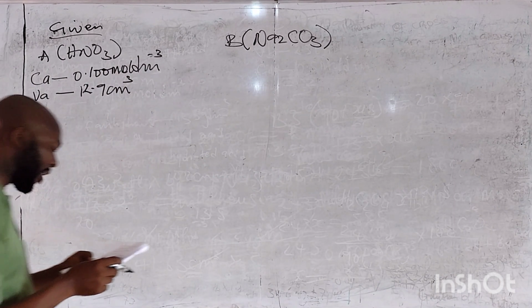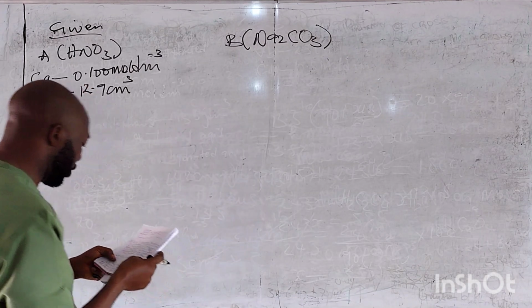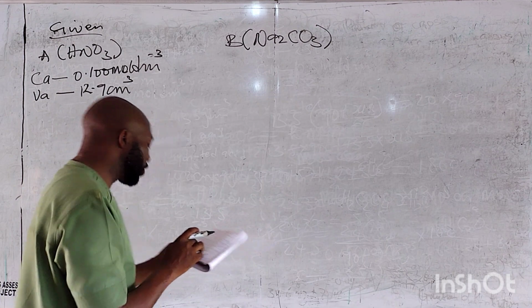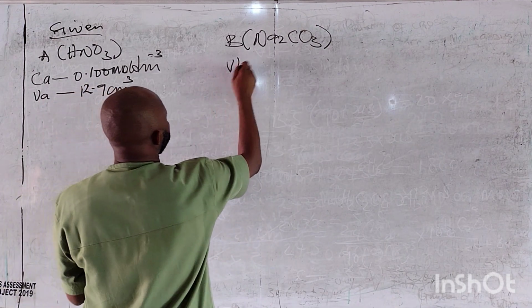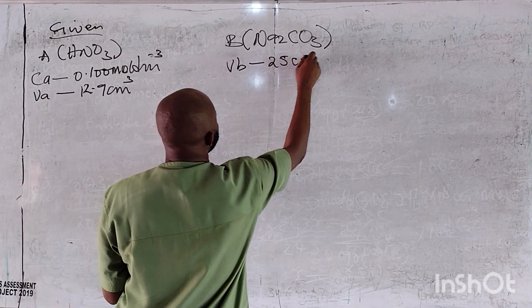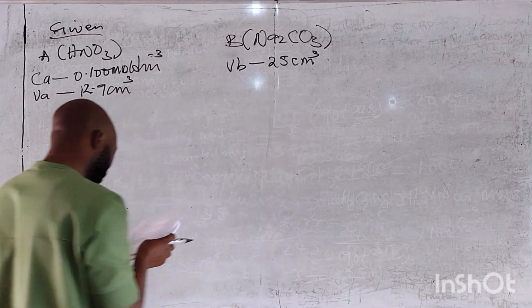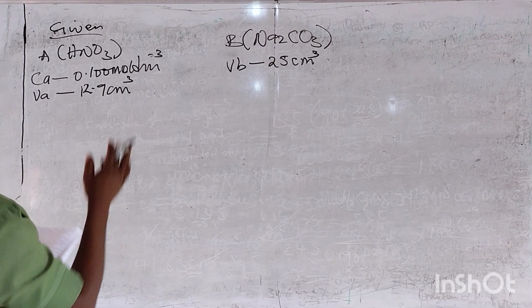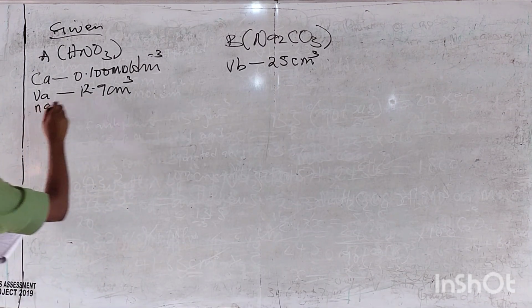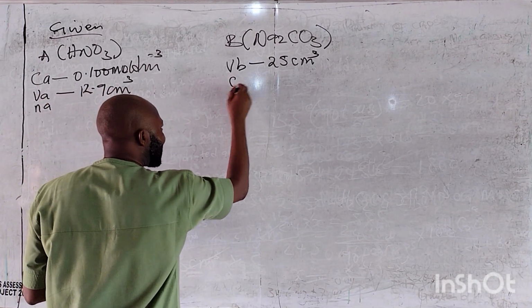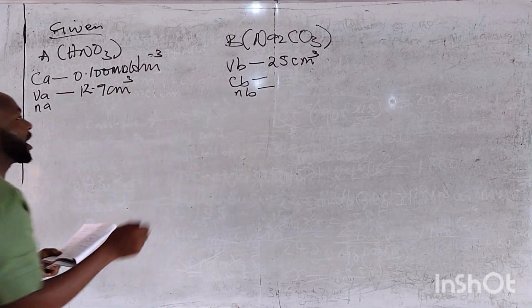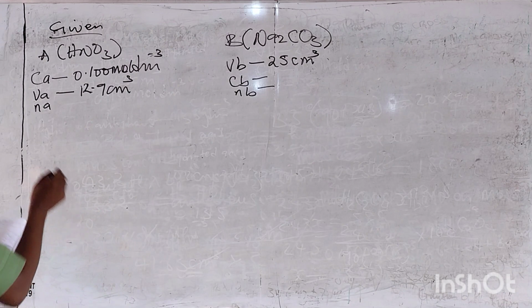B is a solution of anhydrous, and all that. The equation of reaction is also given, I'll bring it out later. If the volume of B is 25, VB is 25 cm cube. We should calculate the concentration of B in mole per dm cube. So we need our CA, we need our CB, NB. These are not given, so we're going to find out, but they give us the equation of reaction, which is a good thing.